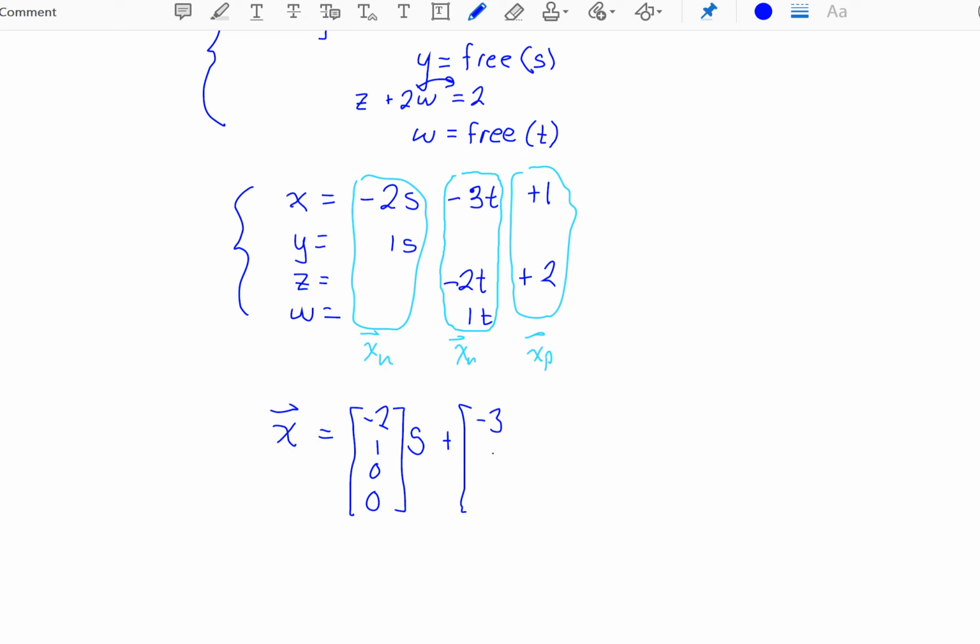So negative 3, 0, negative 2, 1, times t, plus your particular solution, 1, 0, 2, 0. And now this will be your general solution to the system of equations.